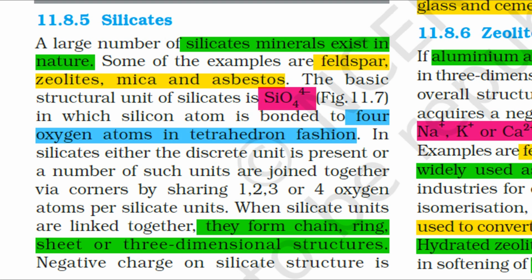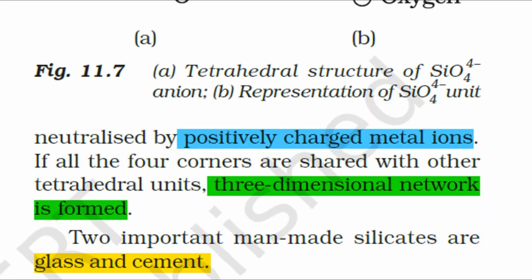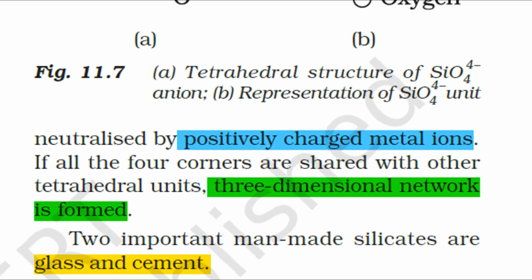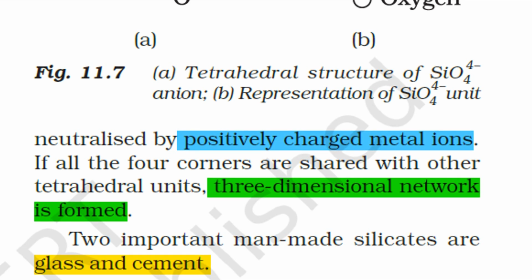Next, negative charge on silicate structure is neutralized by positively charged metal ions. If all the 4 corners are shared with other tetrahedral units, a three-dimensional network is formed. So the negative charge is balanced by a metal ion, so they react with metals to form metal silicates, and if they join together they form a 3D network.